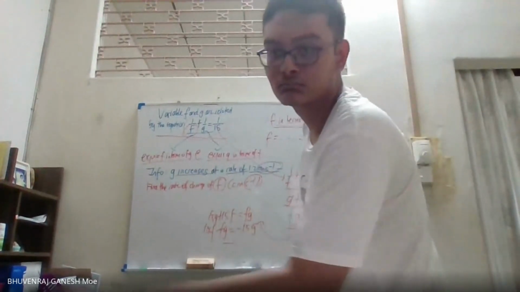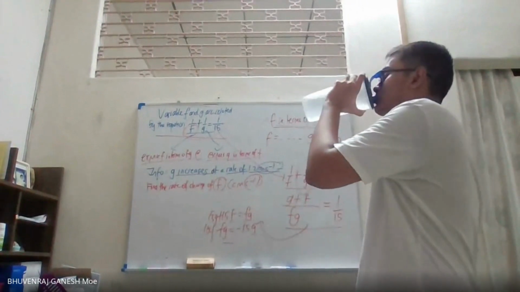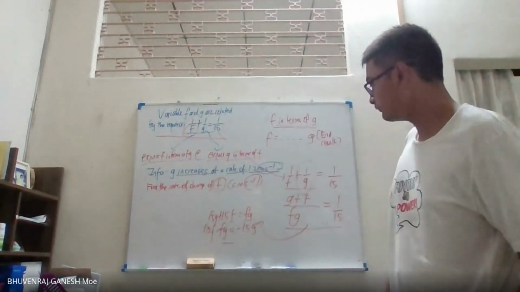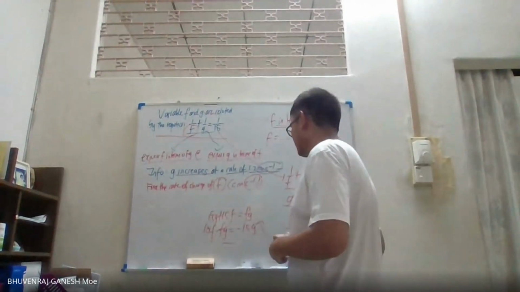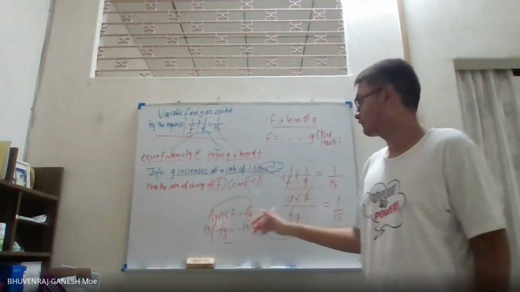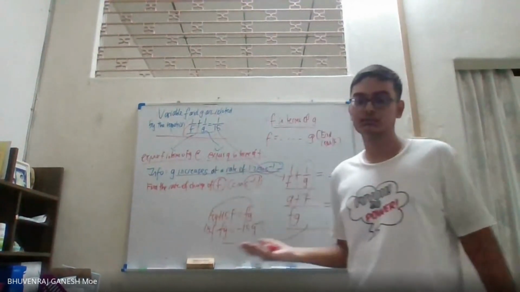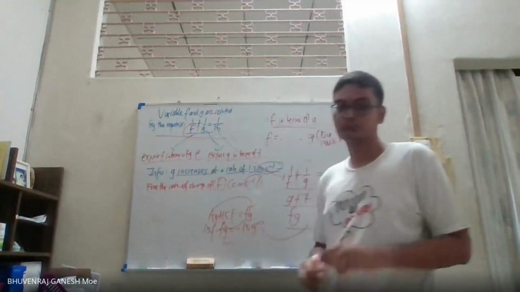Okay. I went this side, make sure you know. So when you shift this 15g this side, be careful, must put negative. Because from the left hand side, you shift to the right hand side, you must add negative here. And then this one I shift here, so I minus. Okay.